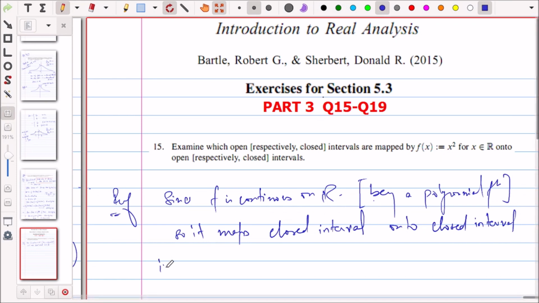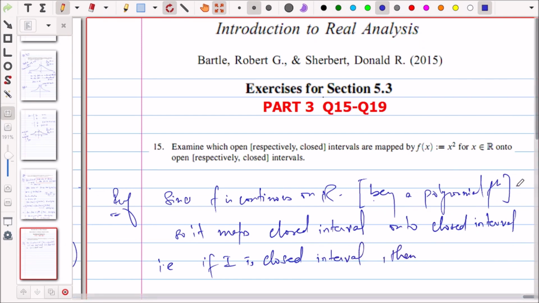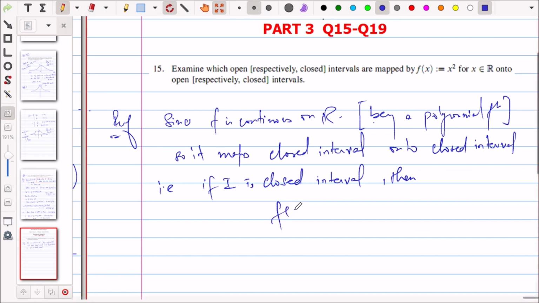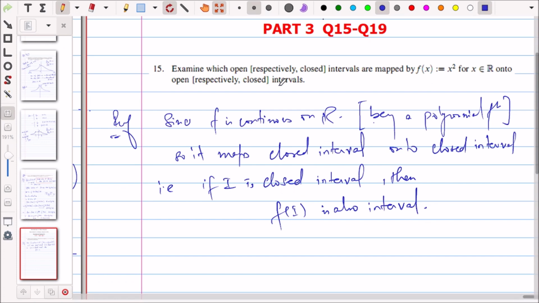That is, if I is a closed interval, then f(I) is also a closed interval. But we don't know about open intervals, whether open intervals are mapped onto open intervals or not. So we will check for which open intervals this is true.